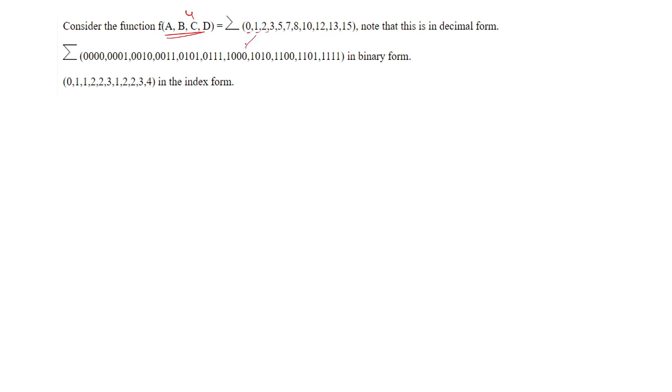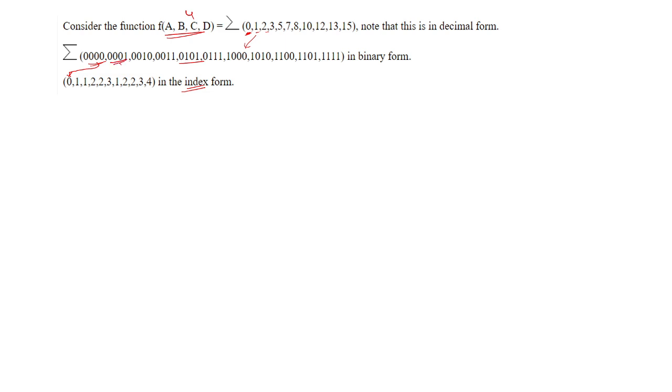So now these are all the min terms given. First, express the min terms in binary. Since it is a 4 variable problem, represent each and every min term in a 4 variable representation. After that, we have to find out how many ones are there, and based on that we get the index form. Here no one is present, so it is index 0.